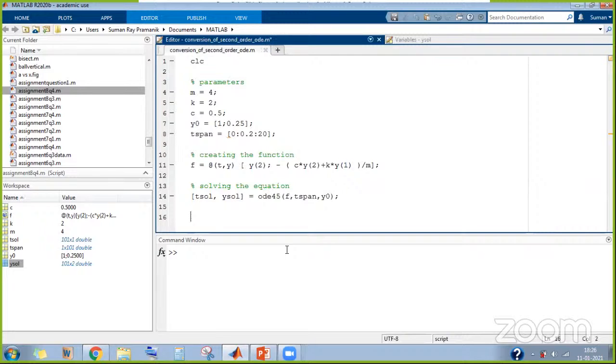So now let's make a plot. First, let's do it for displacement. Now one thing we will do here, we will try to do two plots in the same page. The above one will have displacement, and just below that we'll plot the velocity. So we have to use subplot here, because I want two plots. So I'll write 2, 1, and because this is my first plot, comma 1.